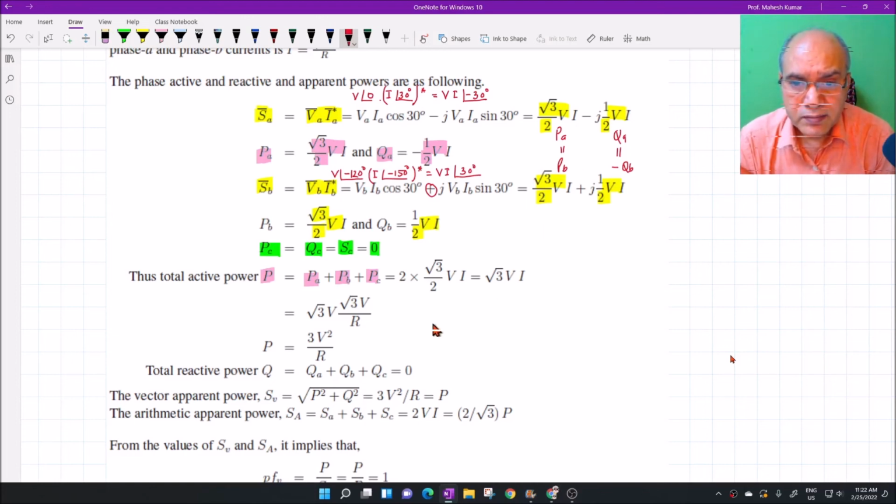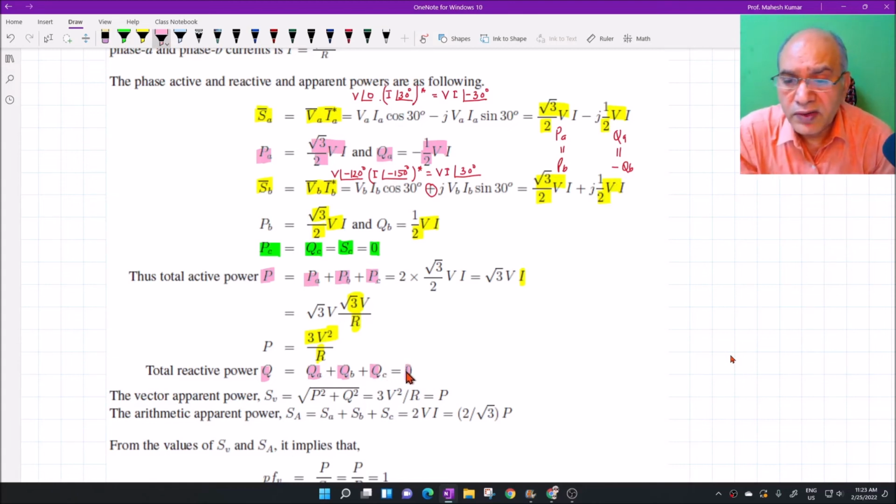Since the active powers are the same, the total power is 2 into root 3 BI by 2, which equals root 3 BI. If we substitute back the value of I, which is root 3 B by R, it becomes 3B square by R. The total reactive power is also the sum of QA plus QB plus QC. Since QA equals minus QB, the sum of the reactive power is 0.